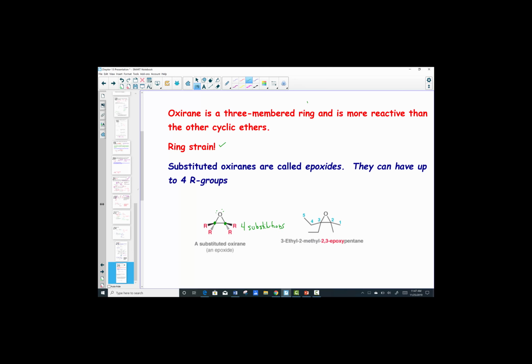And the reason I mention all of this is because we need to know this word as a critical intermediate for many of our reactions. A substituted oxirane is known as an epoxide. An epoxide, and I'll share with you where we've seen this before as I slide down the screen here.